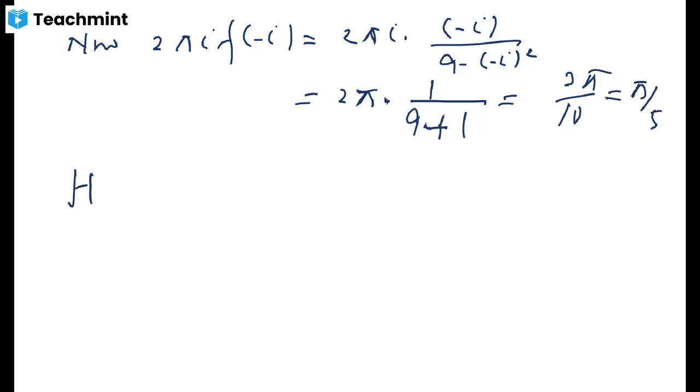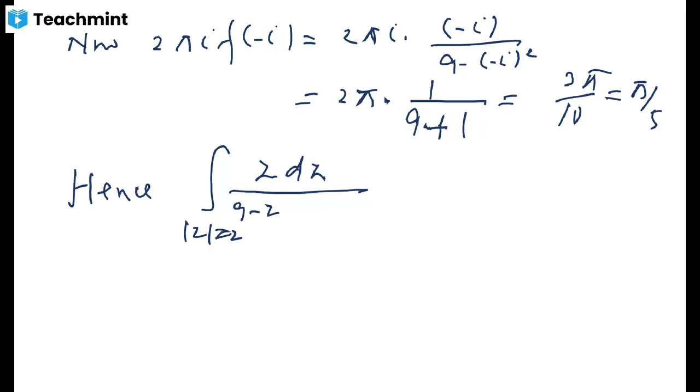Hence the value of this integral, over our circle of radius 2, z dz upon 9 minus z square into z plus i, is pi upon 5. See how easy it is now to compute this integral. This is another method.